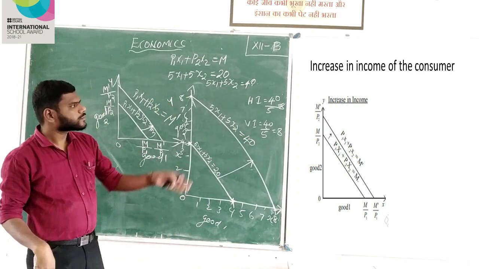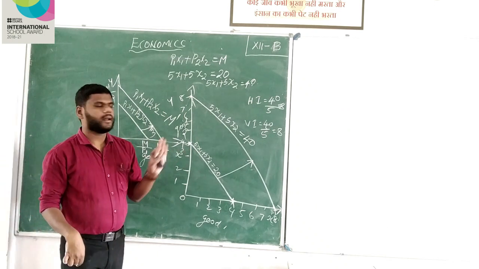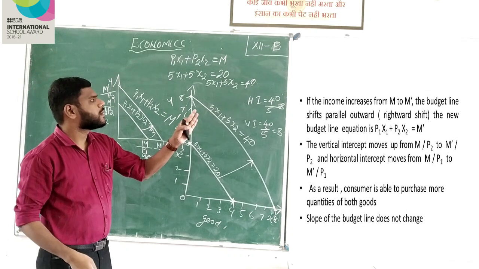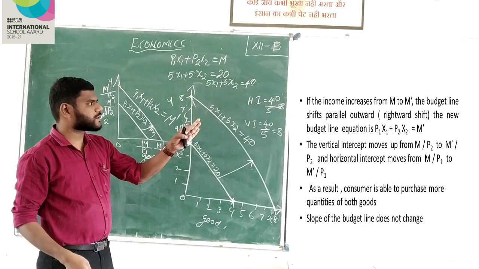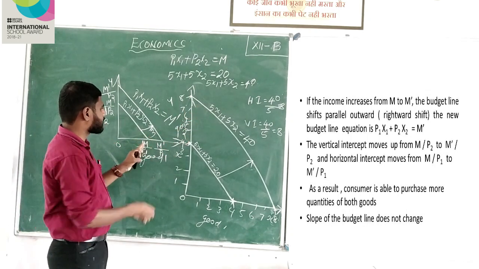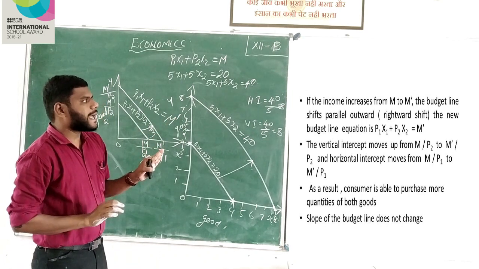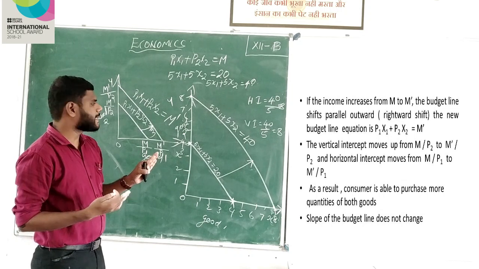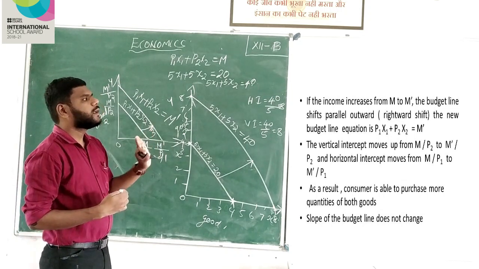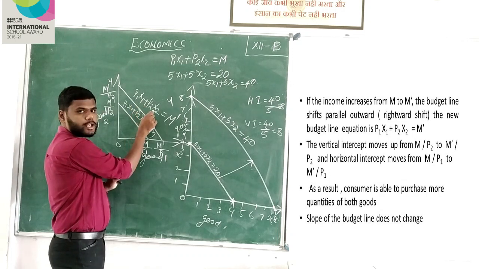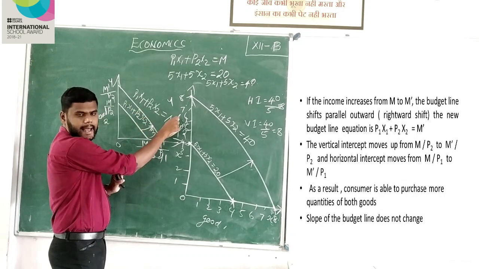Okay, now we will discuss this once again. If the income increases from M to M dash, the budget line shifts parallel outward, that is a rightward shift. The new budget line equation is P1 x1 plus P2 x2 is equal to M dash.